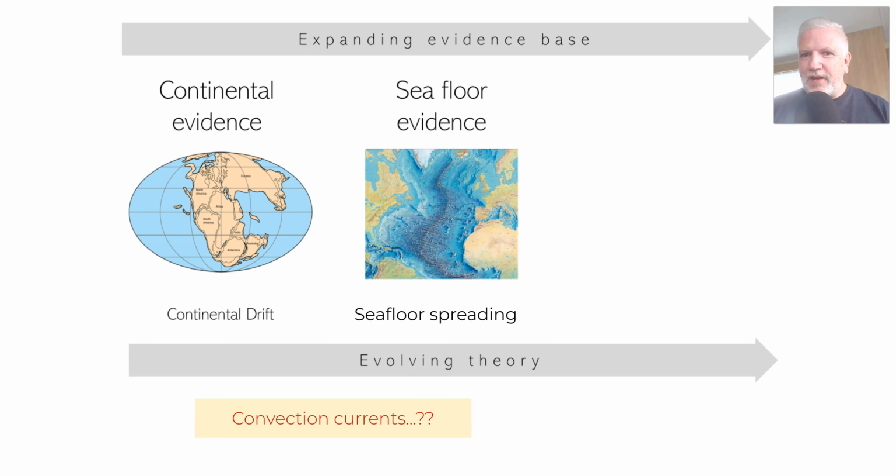And that source of evidence was from the seafloor, and it led ultimately to the evolution of the understanding of the movement, that it's not the continents that are drifting, but it's the seafloor that's moving by seafloor spreading, and the continents happen just to be rafts carried passively along by those.